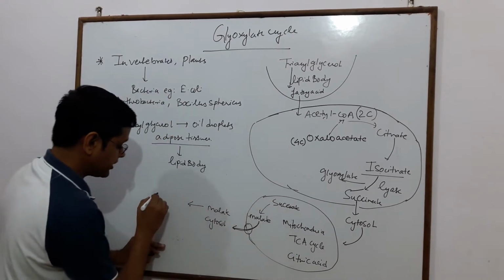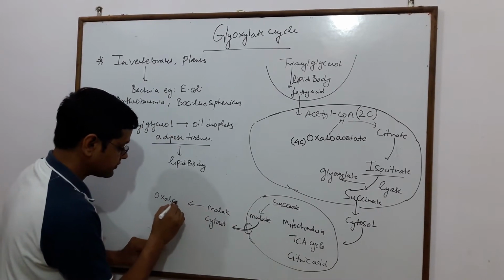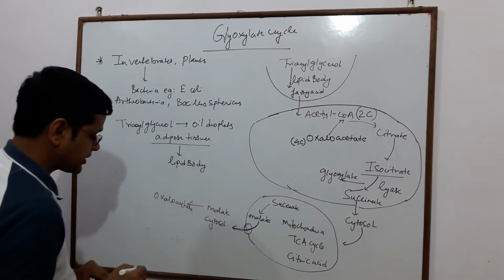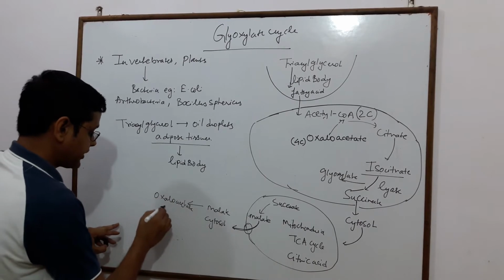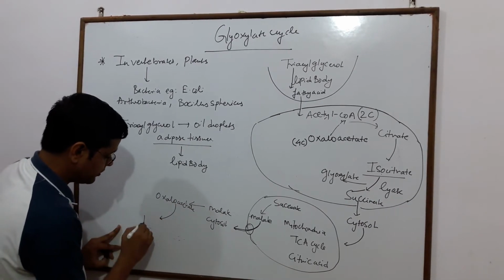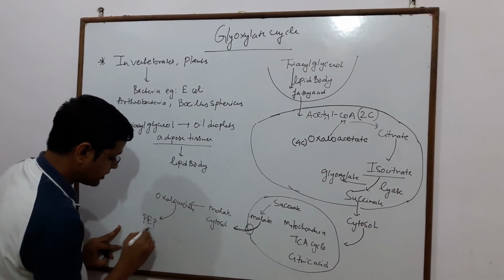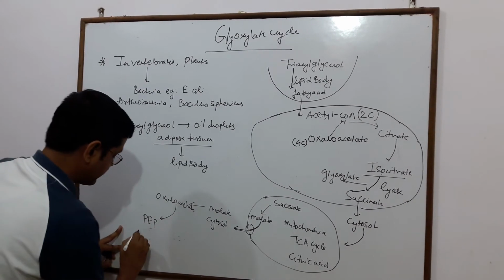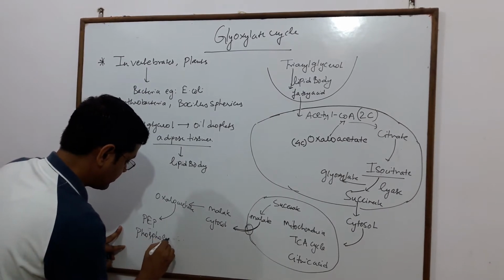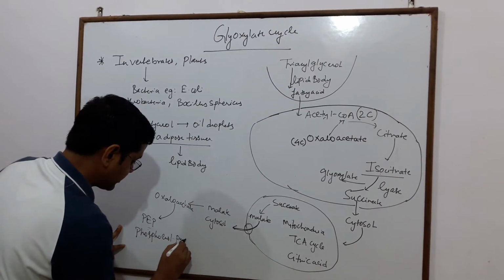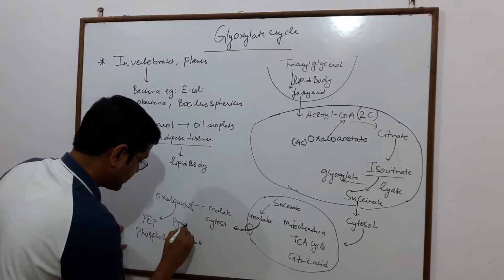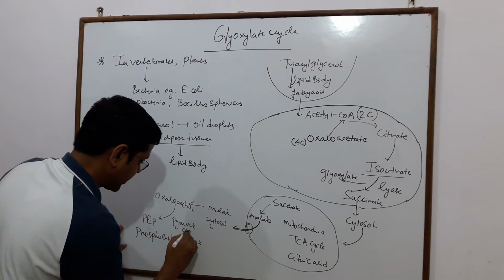where this malate is again converted into oxaloacetate, and this oxaloacetate generates PEP, that is called phosphoenol pyruvate, in the presence of pyruvate carboxykinase.